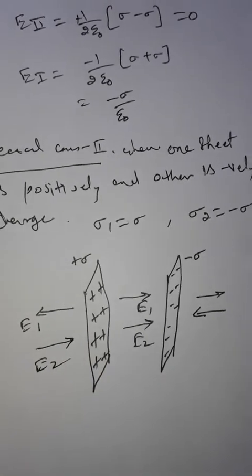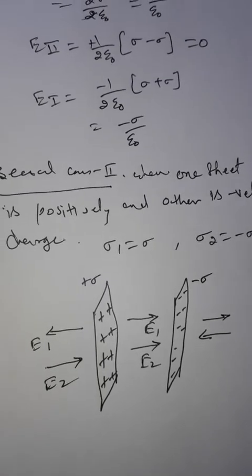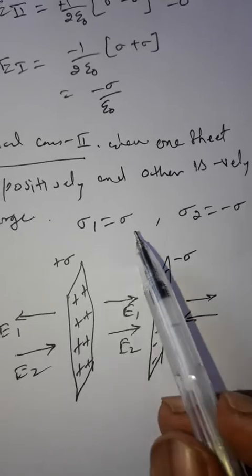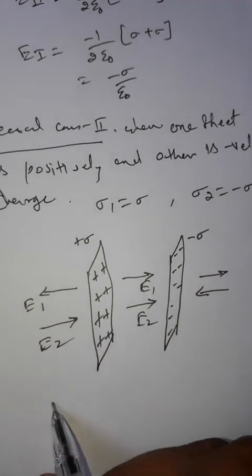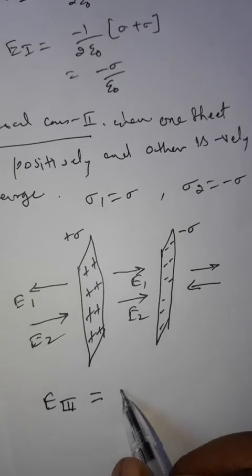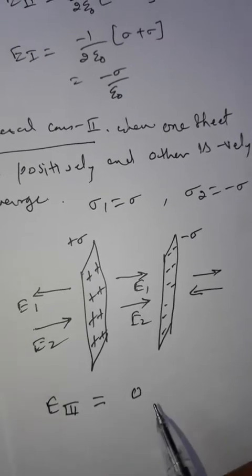Okay, so now using equations 3, 4 and 5 and using the values of sigma 1 and sigma 2, from equation third we get E3, that is the electric field in the third region, again 0.